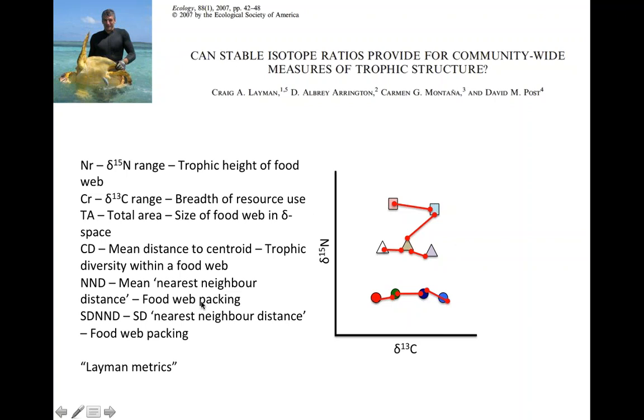And these, there's now six, is there six? Yes, there's six. These six metrics have become vernacularly known as the Layman metrics, or the Layman statistics. Since he published that, that's been really widely used, and it allows isotope ecologists to put metric values on their food web.